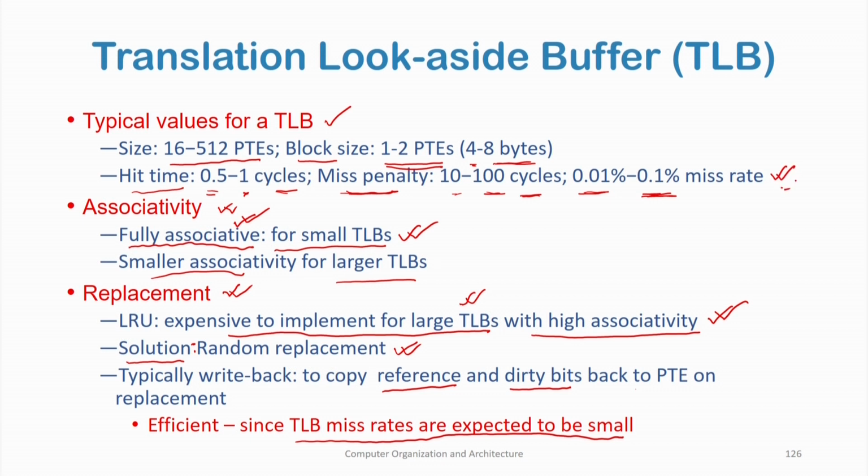So write back is very good in this case, it saves a lot of time, and the implementation is much more efficient than write through. I write only during replacement, and not on every reference to the page table entry.